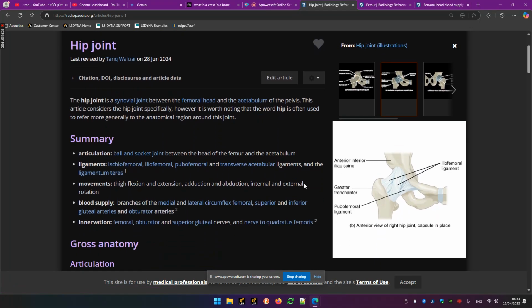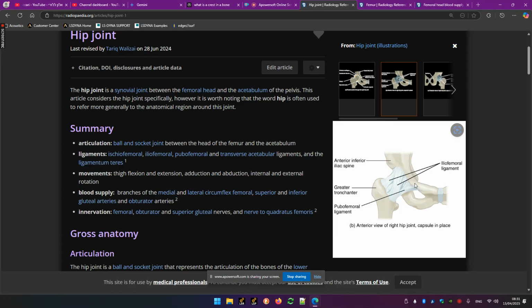So this was about the basic anatomy of the proximal femur, including the capsule, the head, neck, basicervical region, greater trochanter, lesser trochanter, intertrochanteric crest, and maybe I should also mention the subtrochanteric region, which is right over here.